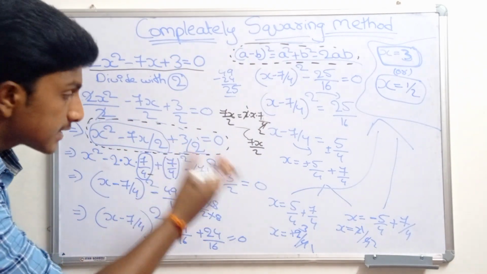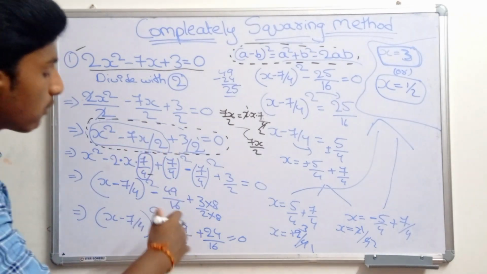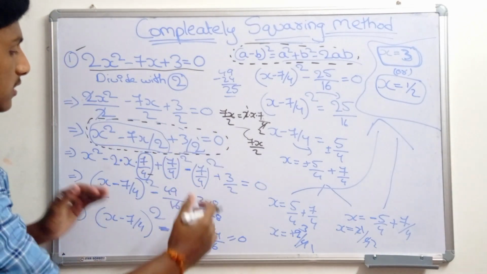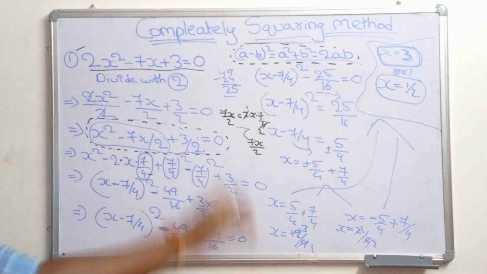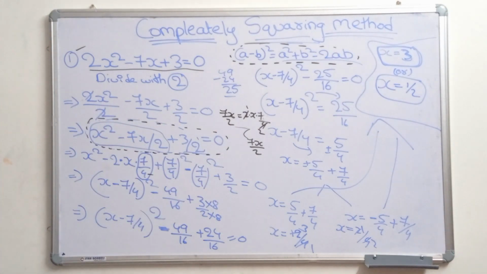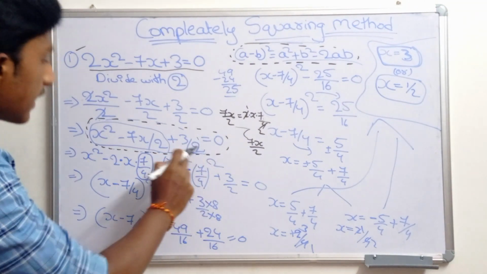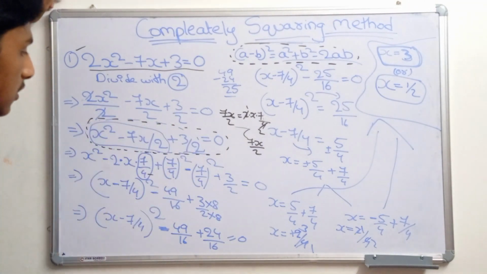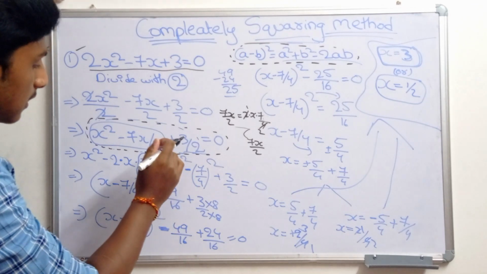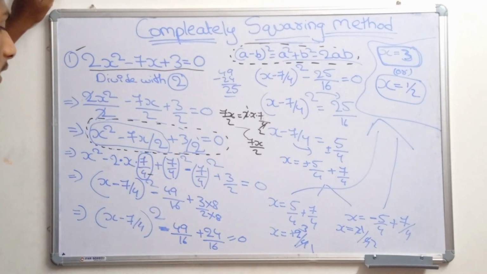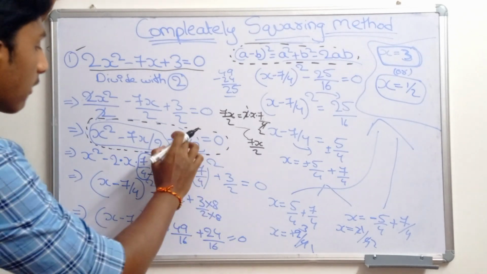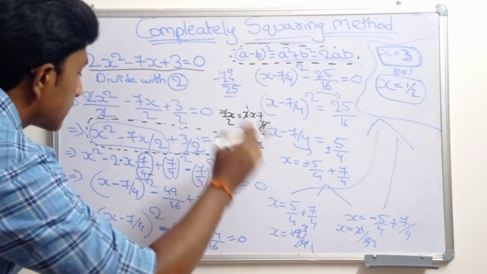When we add 7 by 4 whole square, we have to also subtract, because when we solve this equation, again we should get this equation. Guys, is it clear? When you solve this equation, again you should get this equation. So I have added plus 7 by 4 whole square, and I have also subtracted 7 by 4 whole square. I have added and subtracted, and I have written this plus 3 by 2 as it is down.